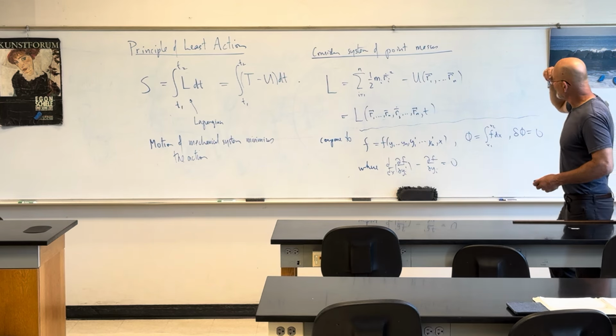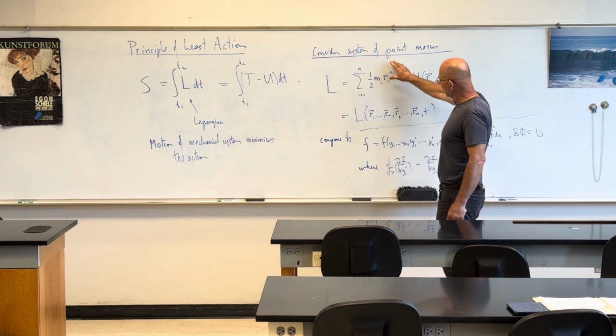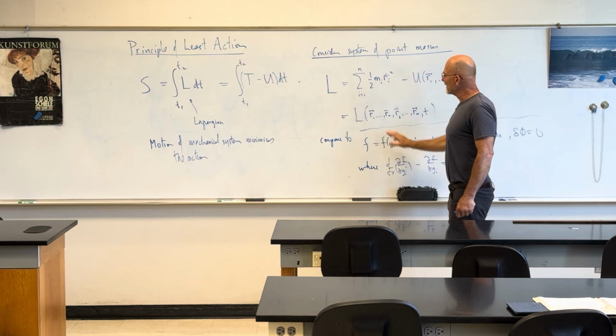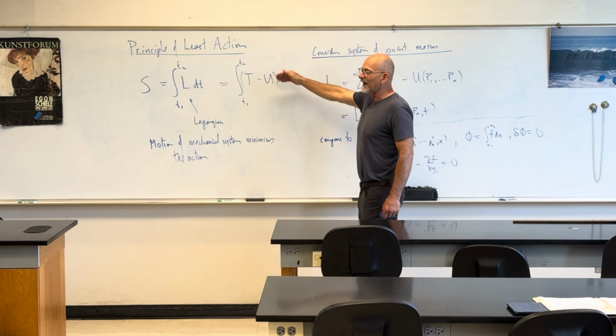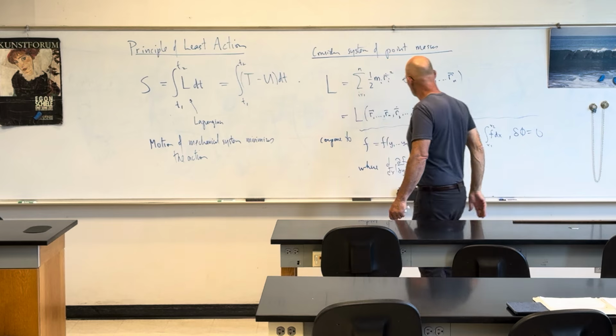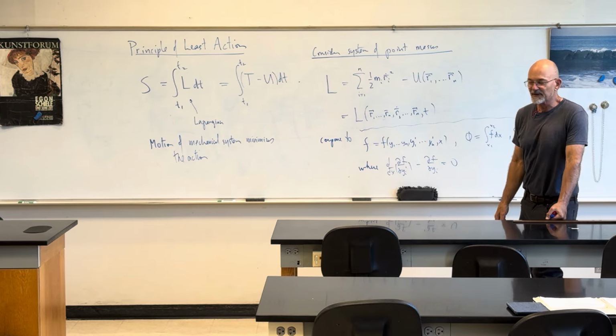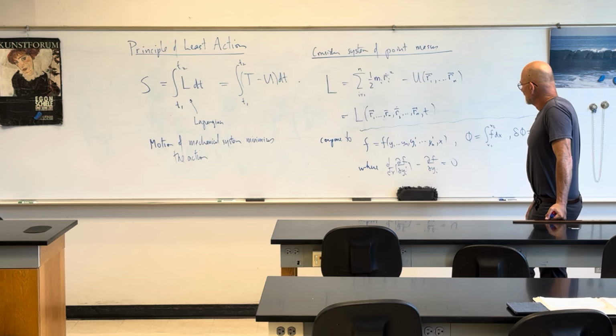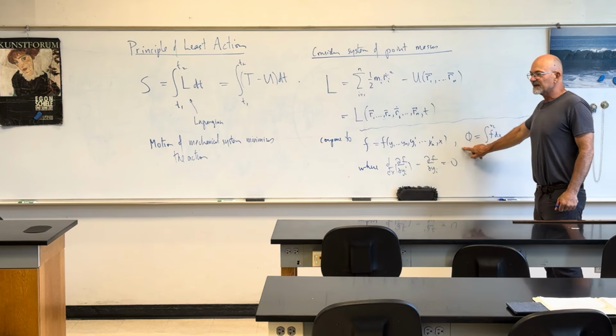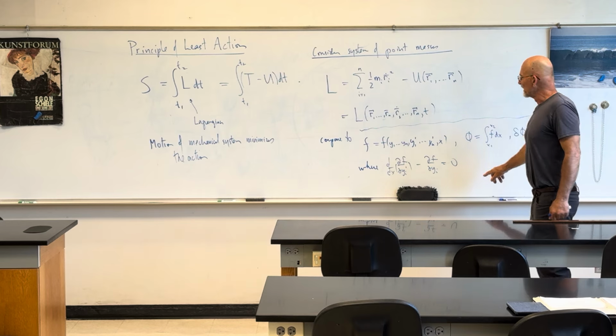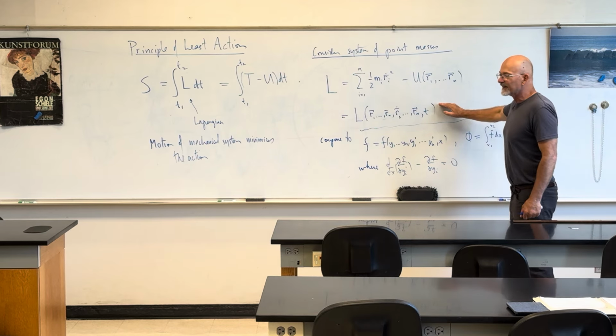And the claim is that if you minimize this Lagrangian variationally, you're going to get the actual motion of the system. We've been studying this, and you have to look at it some more. But what we're going to do is relate this to this.